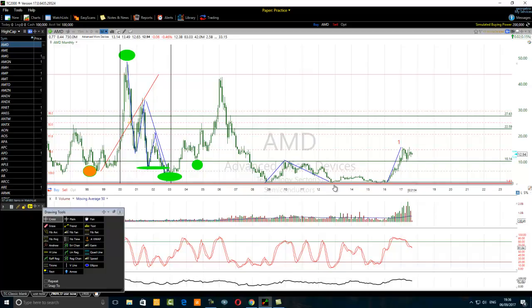The normal first wave does not start below the low of the prior trend, but the irregular first wave very often will start at 138.2%, not always, usually at 138.2% Fibonacci extension, reverse of the prior trend. That's where the origin of the irregular first wave is likely to be.